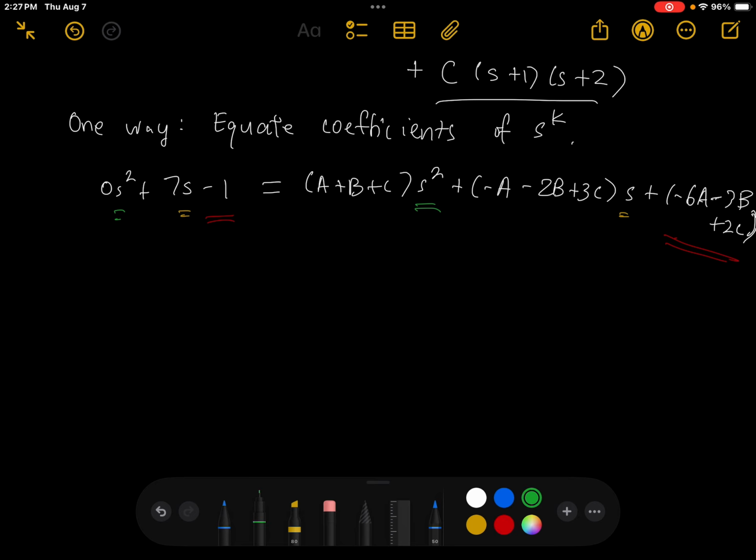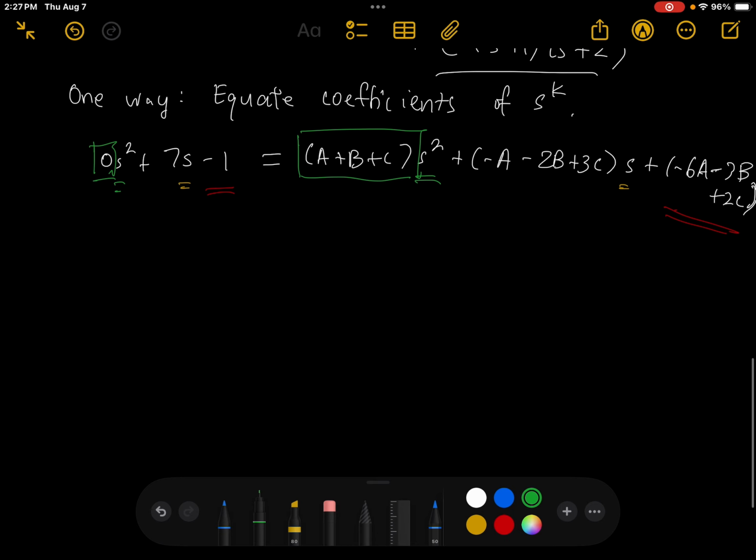So in this case, the coefficient of s squared on the right is a plus b plus c. The coefficient of s squared on the left is 0. They're the same, so what do we get? We get that a plus b plus c is equal to 0.